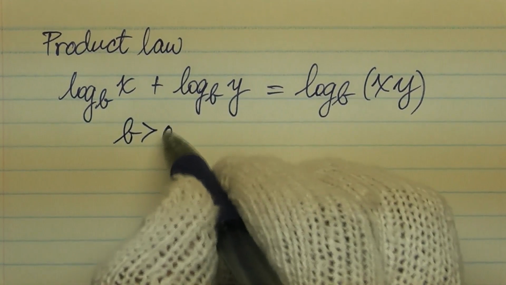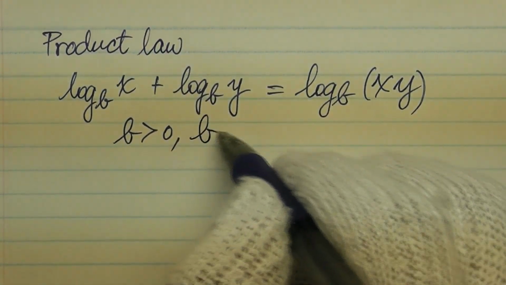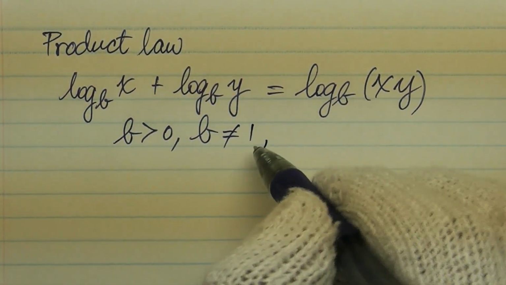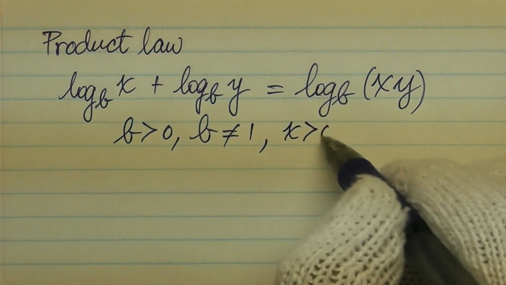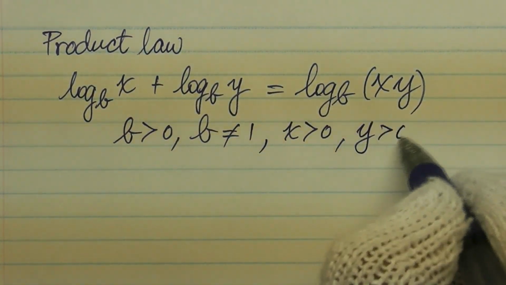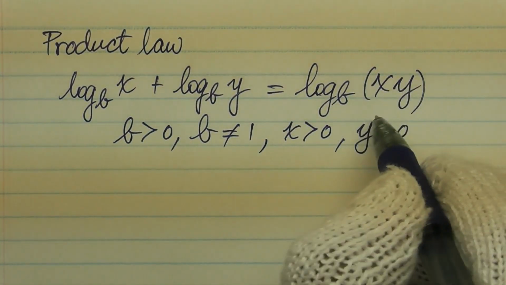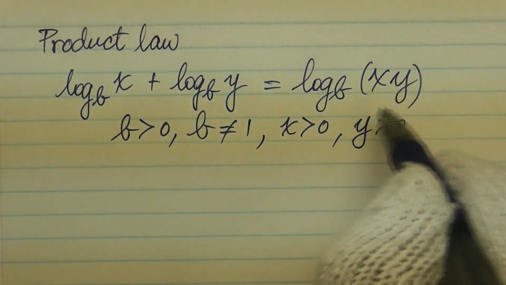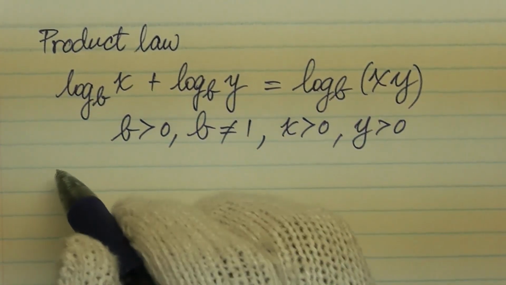Of course, b has to be greater than 0, b cannot be 1, and x and y have to be greater than 0. Because remember, the argument of a log must be greater than 0. It has to be positive.